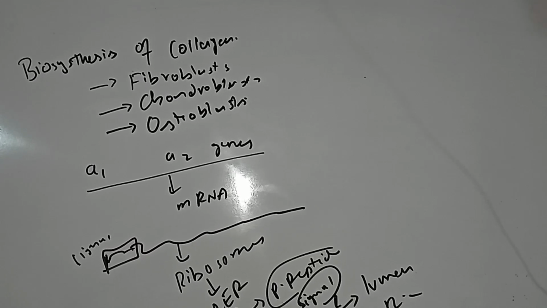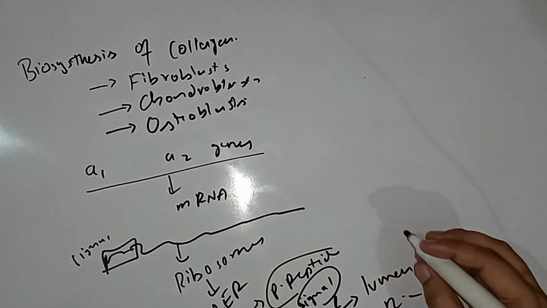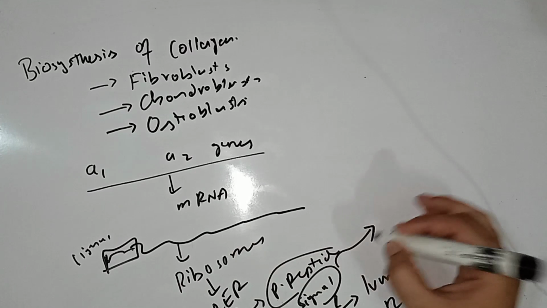Messenger RNA goes to the ribosome bound to the rough endoplasmic reticulum, and there is synthesis of the polypeptide chain, which is directed into the lumen of the rough endoplasmic reticulum.